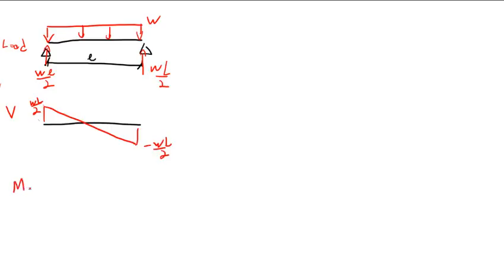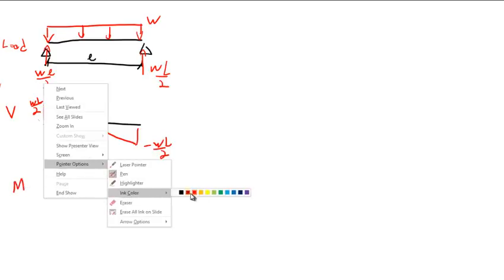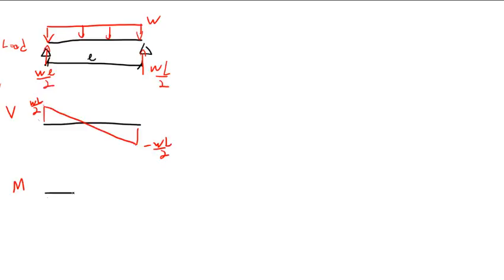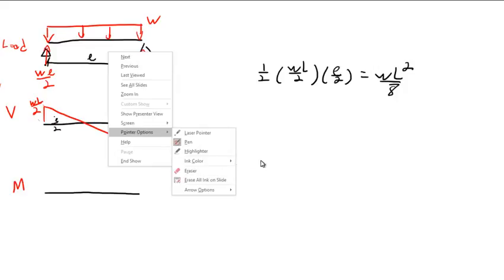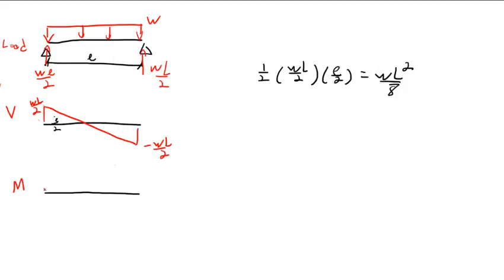And then M. The area of this is L over 2. So then 1/2 base times height, 1/2 WL over 2 times L over 2 is WL squared over 8. And the moment is like this.